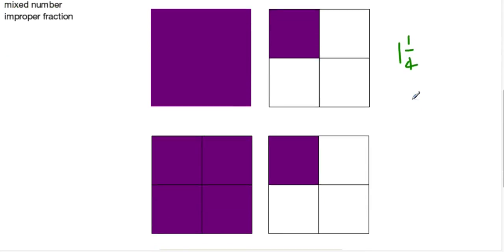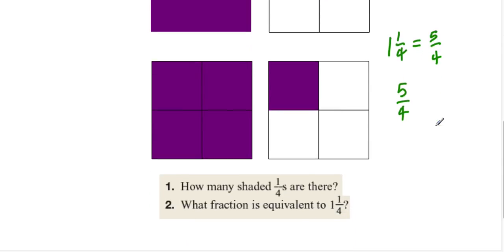If I divide the same square into 4 parts, just like the other square, and count the number of fourths in these two squares, that will be 1, 2, 3, 4, 5. So that will be 5/4. These two figures are exactly the same thing, so we can say that 1 and 1/4 is equal to 5/4.